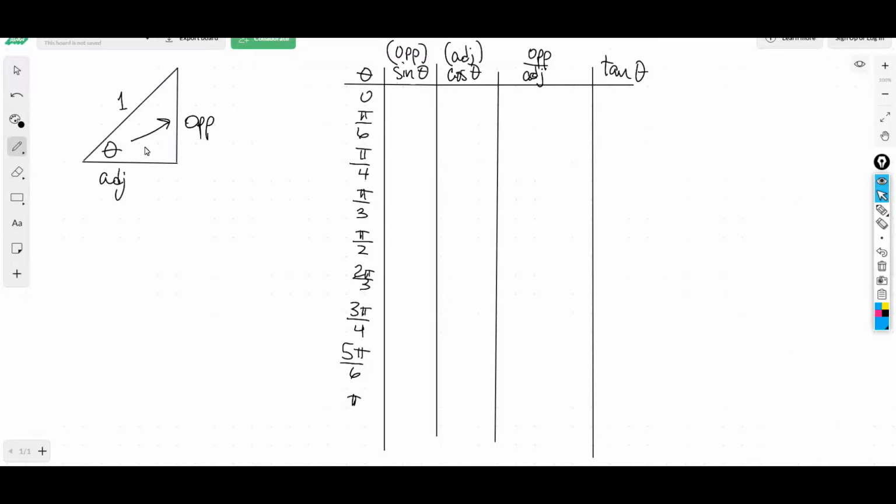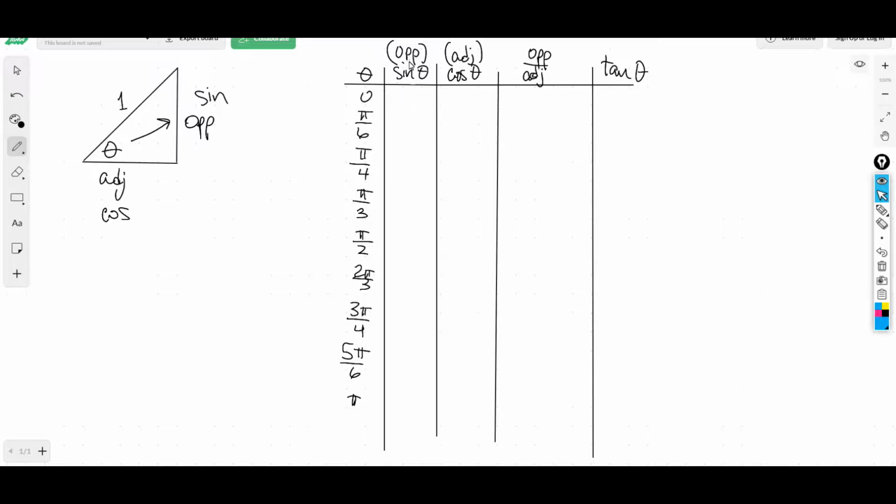Okay, the visual that you're seeing here is just the basic setup that I wanted to use to go over all of this. I have just our standard triangle that we use to create everything else: theta, our opposite or our sine, and adjacent or our cosine, and then 1 for our radius, because we're still working on the unit circle to create this first graph of tangent.